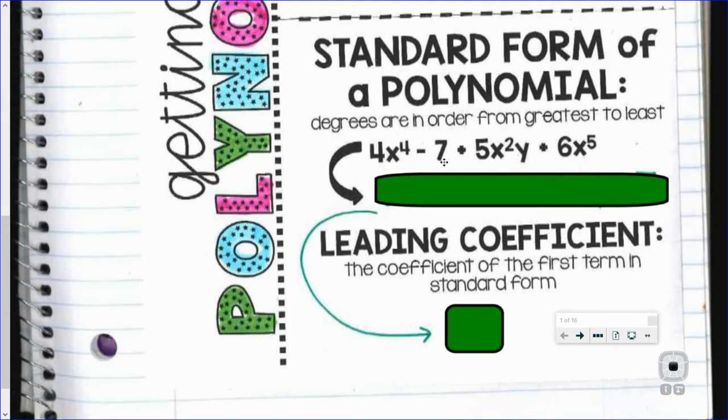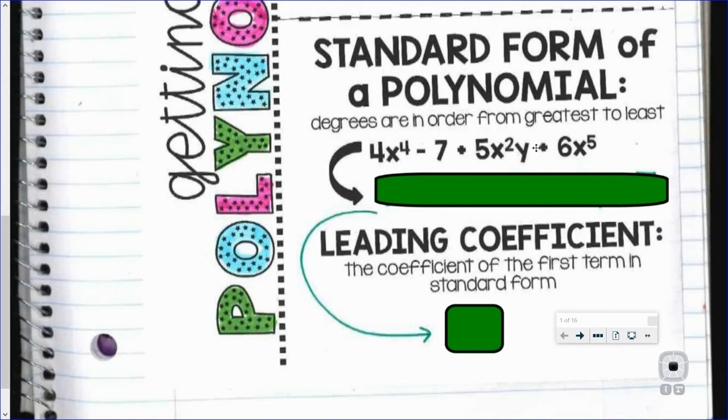What is its degree? Actually, we would say it has a degree of 0 because there's no variable there. Okay, so that one's a little tricky. 7's degree is 0. If it were 7x, then it would have a degree of 1. But there's no variable, and we're talking about the degree or the exponent of the variable.